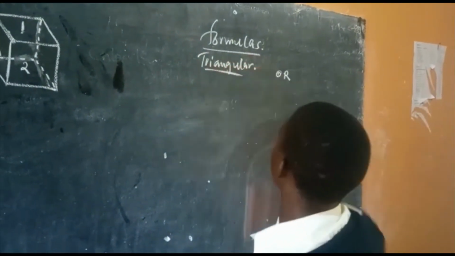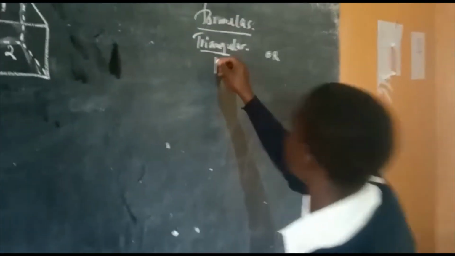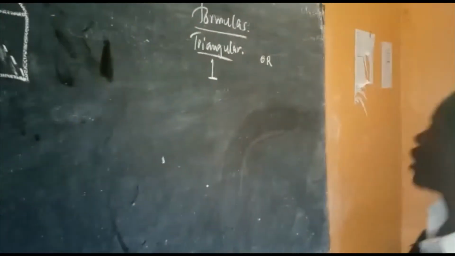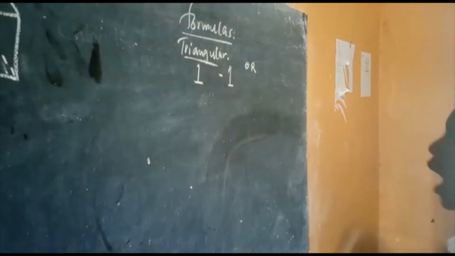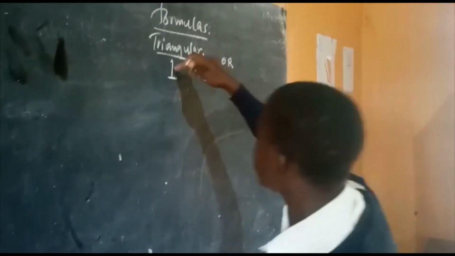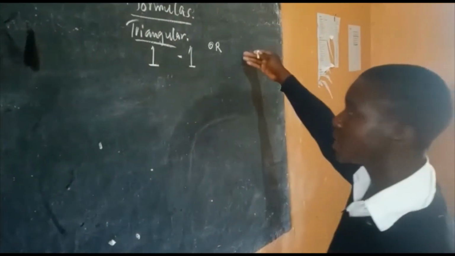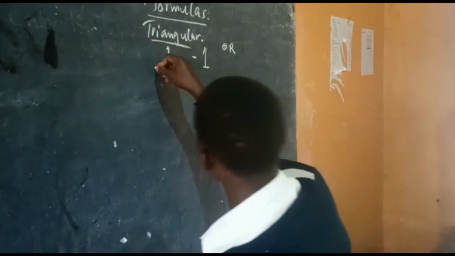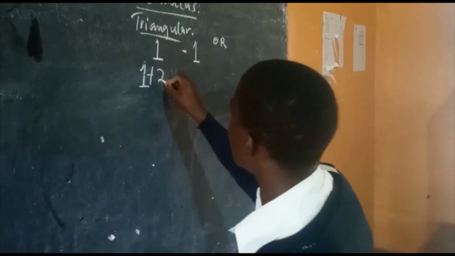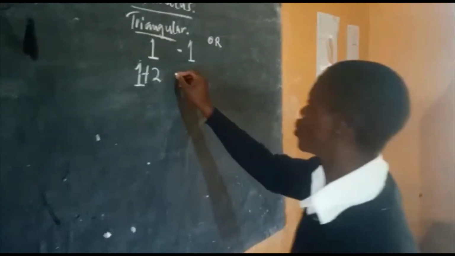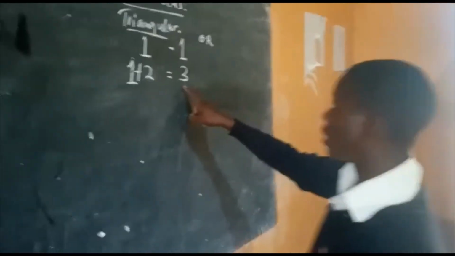My first triangular number will be 1. I will move on adding to this 1 the following counting number. In the second step, I add 1 plus the second counting number, which is 2, to obtain 3 as my second triangular number.